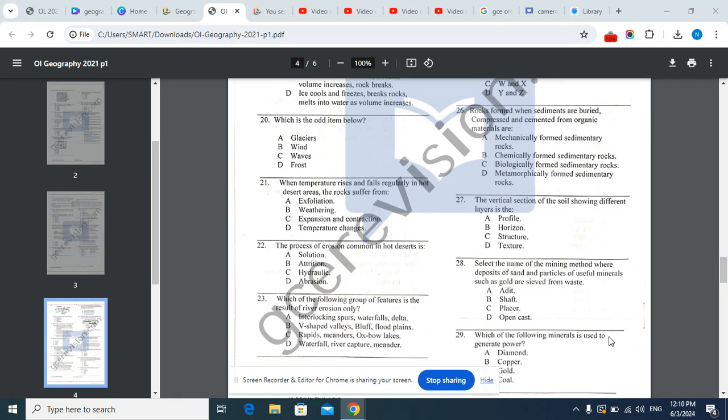Which of the following group of features is the result of river erosion only? The answer is D.